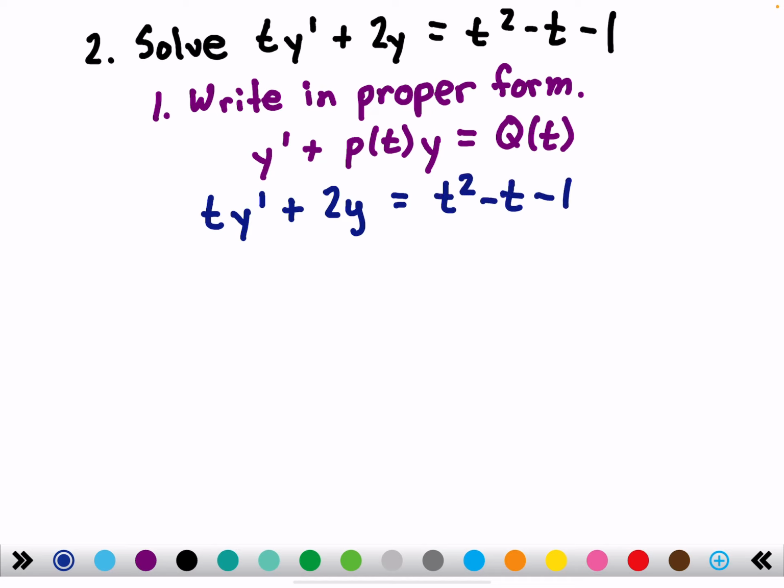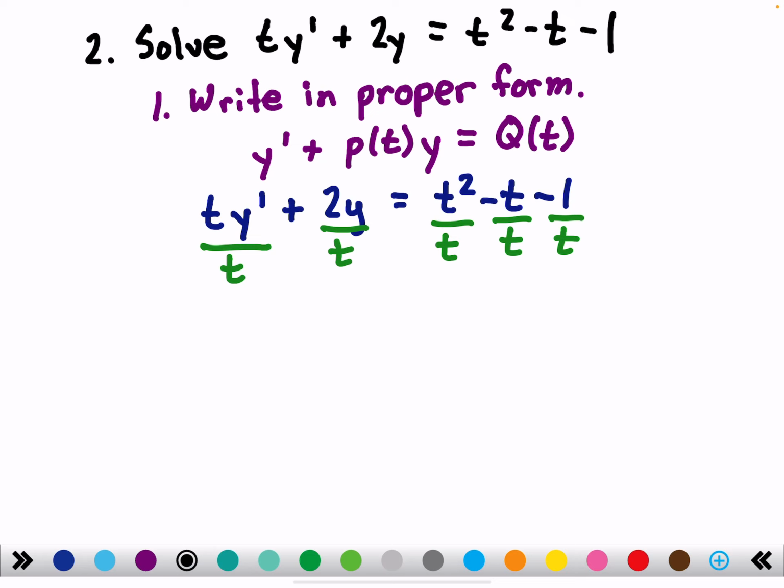What do we need to do to get the equation in this form? Basically divide every term on both sides of the equal sign by t, because notice that your y prime does not have a coefficient of 1. How do we give y prime a coefficient of 1? Divide all terms by t.